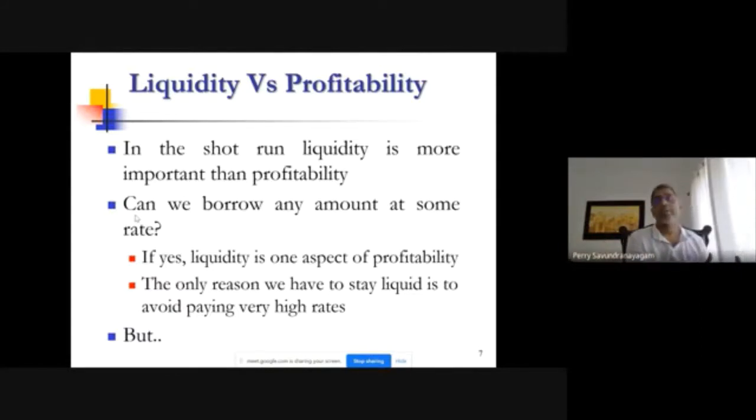I want to structure something where you can take these assets from me, and you pay me 7% fixed on that. You structure a deal that way.